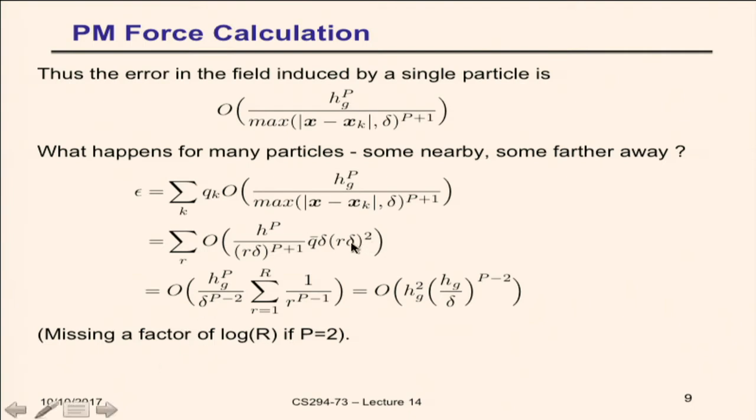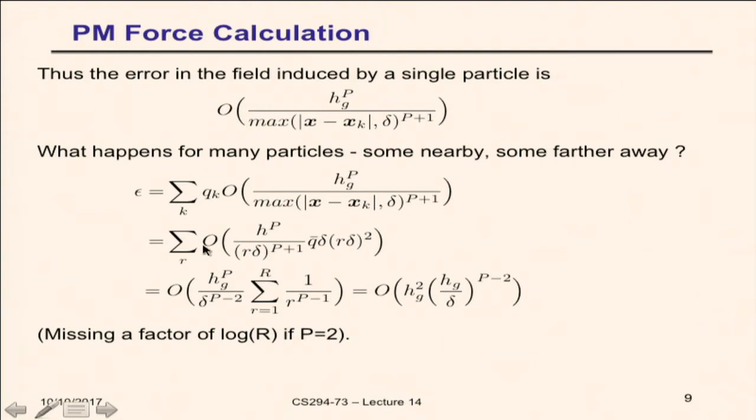So that says that within some sphere of radius capital R times delta, the particles are on average distributed uniformly with a density q bar. So first of all, the error is the sum over all the particles of this guy, q_k times h to the p times that.